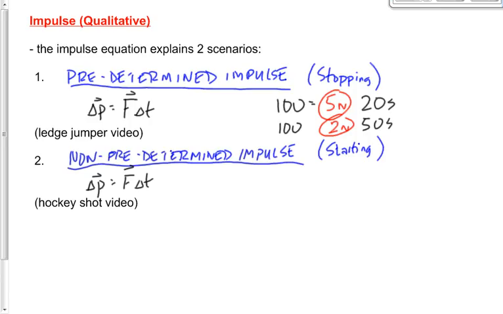So you can see that by increasing the time of contact, the force acting on the object decreased. Now, it goes the other way as well, right? If for whatever reason you wanted to increase the force, which usually you don't want to do, but if you did, then you could decrease the time of contact on purpose to accomplish that.